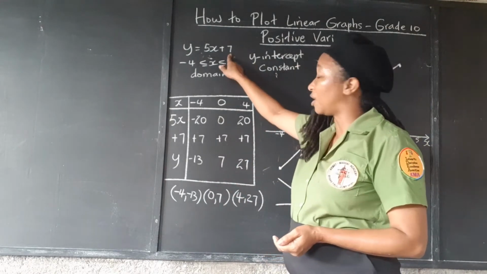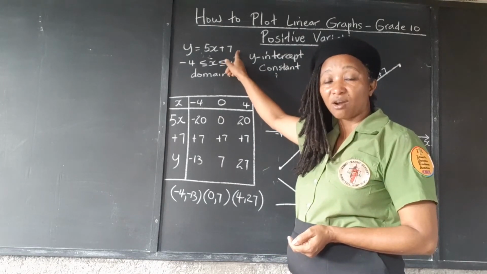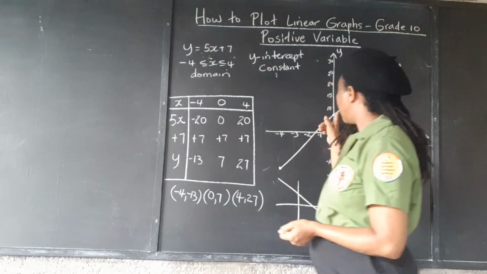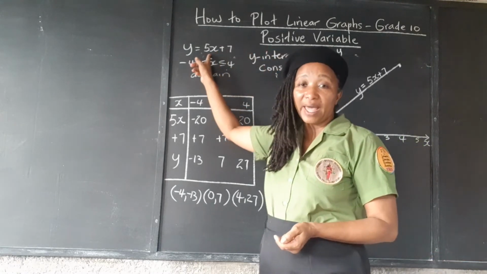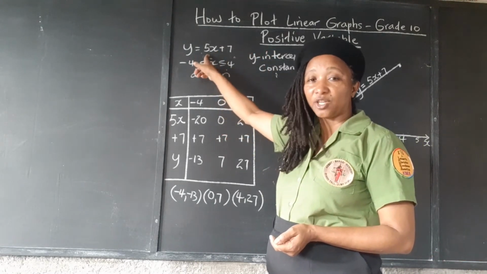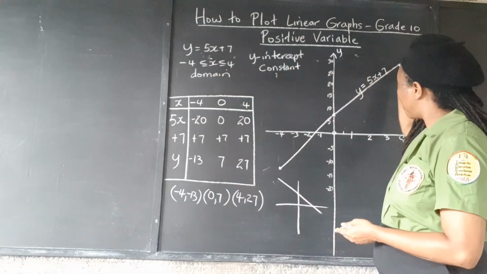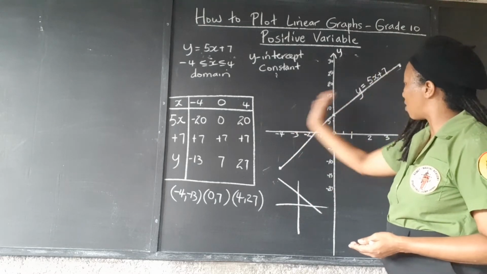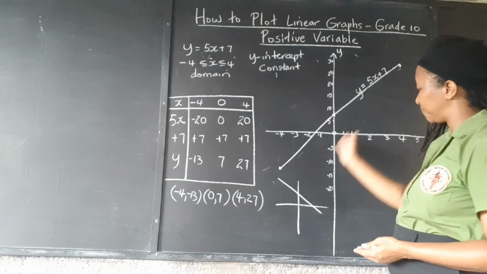That's how you can have a good idea if you are on the right track. Your graph should cut the y-axis at whatever the constant number at the end is, your y-intercept. That's where your line should cut your y-axis. If the x coefficient, the number in front of your variable, is positive, your line should be going that way. Whether it starts over here or down there, it should be going this general direction.